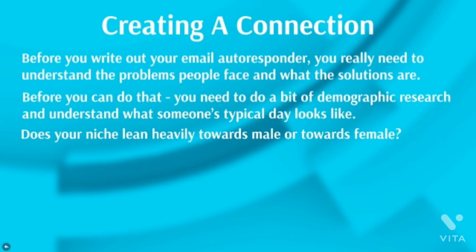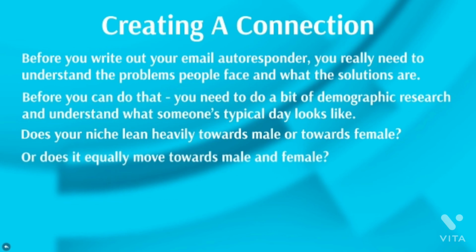So my question to you is, does your prospect within your niche lean heavily towards male or towards female? Or does it equally move towards both? For it to lean towards female, let's say the niche is 90% female, or 95%, or even 75%.